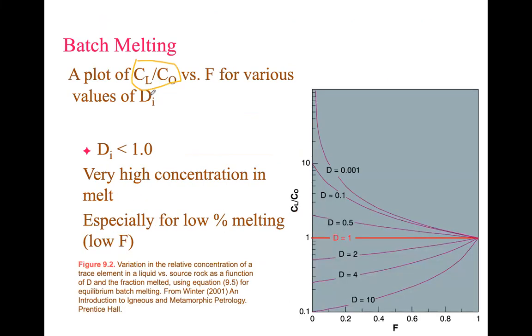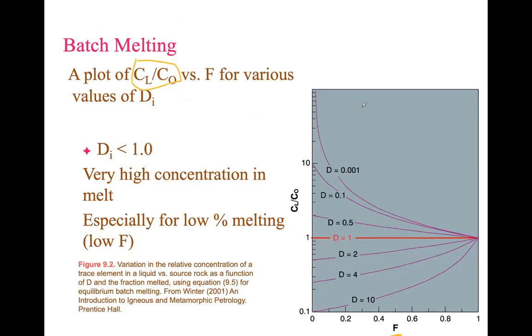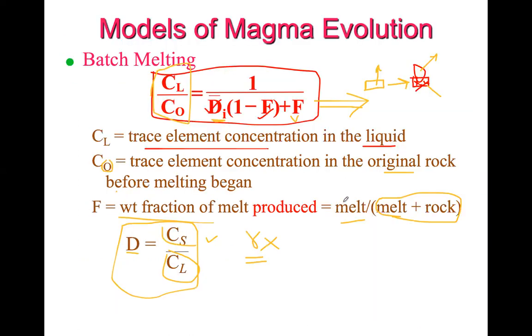If you take this parameter and plot it against F, the degree of melting, this equation is represented in that diagram. The graph of this equation is this one, for various values of D, because D also matters. D means the concentration of that element in the solid divided by its concentration in the liquid.